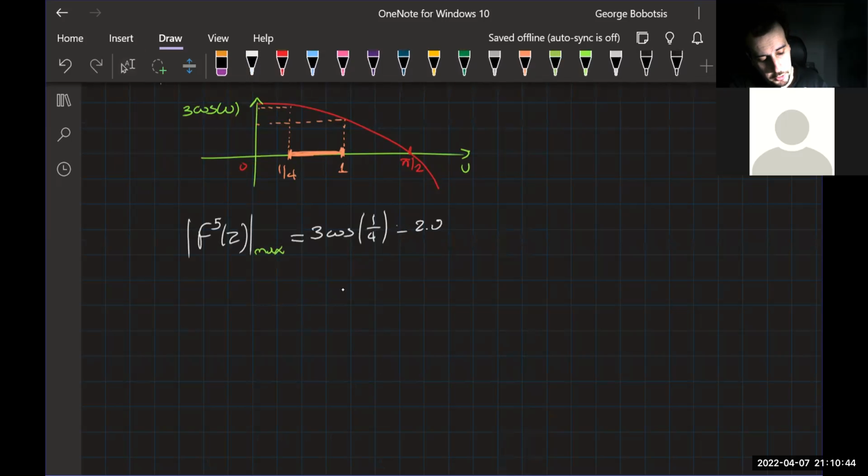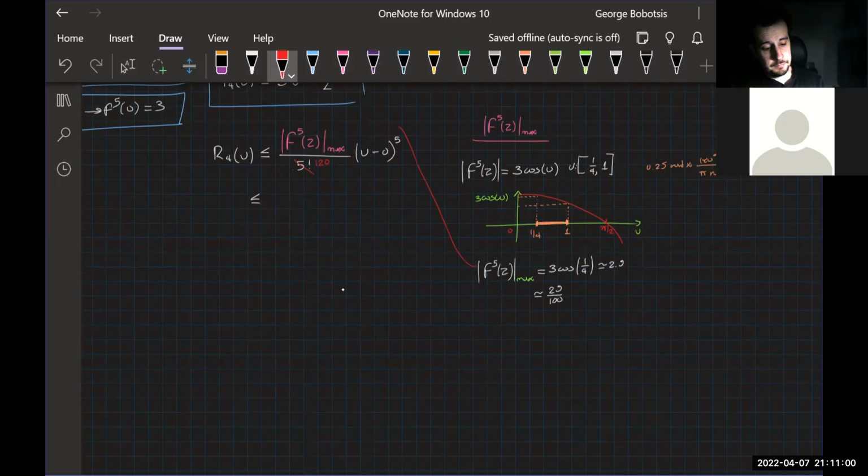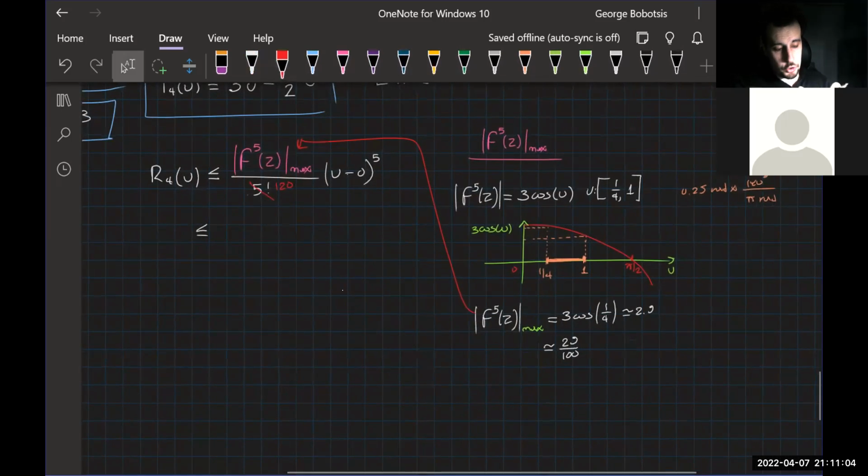I'm going to write it a little bit better. So I'm going to say this is around 29 over 100. It's better to write it this way because it's going to go straight back to the inequality now. So we have the top there, 29 over 100.